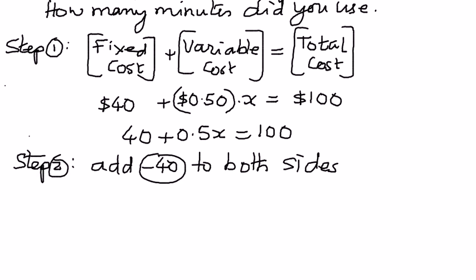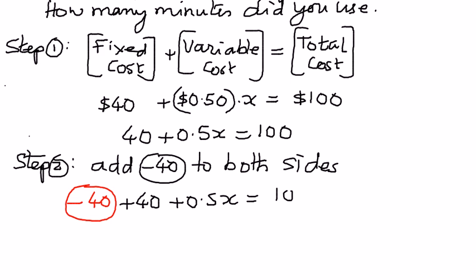And when we do that, this is what we're going to come up with. Adding negative 40 to both sides, 40 plus 0.5x is equal to 100 minus 40.